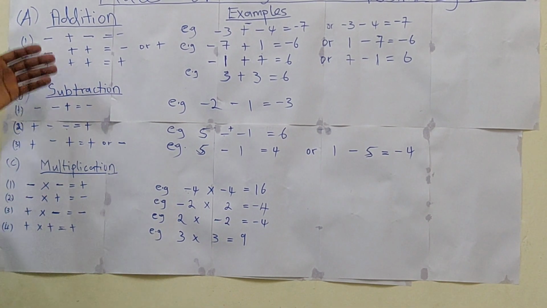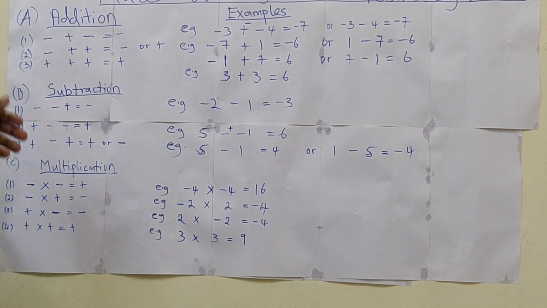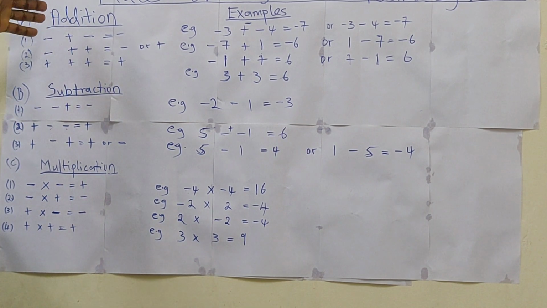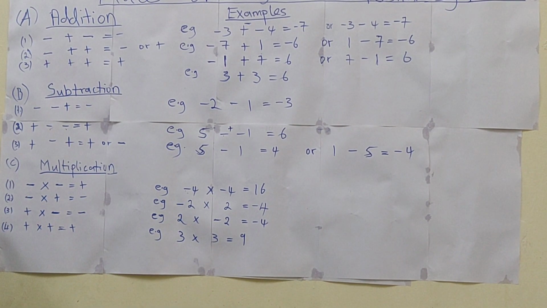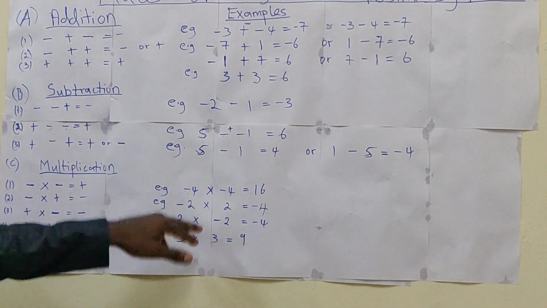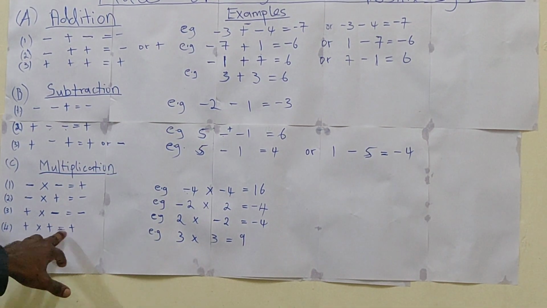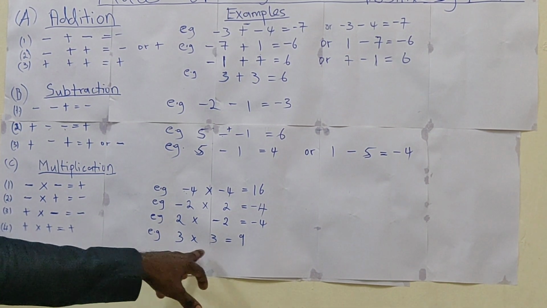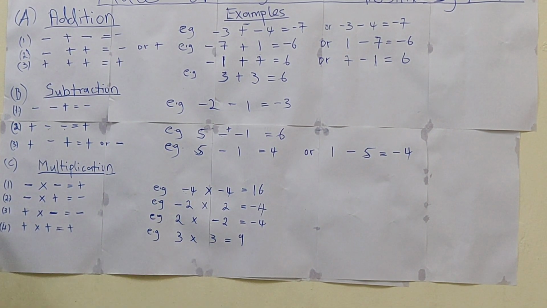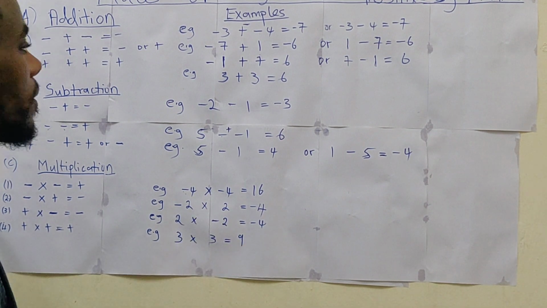So these are the possible ways. As you can see, all the signs. When solving, we come across these possible ways. So this one, positive times positive is positive. This 3 is positive. So 3 times 3 is 9.